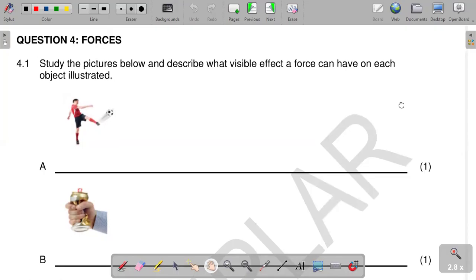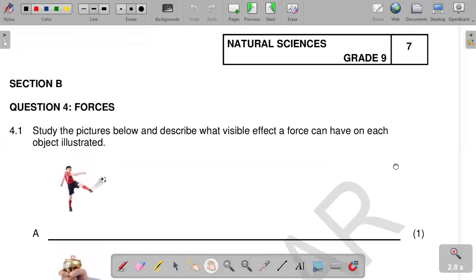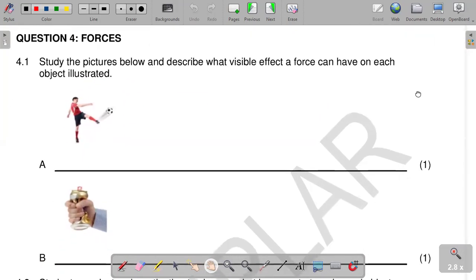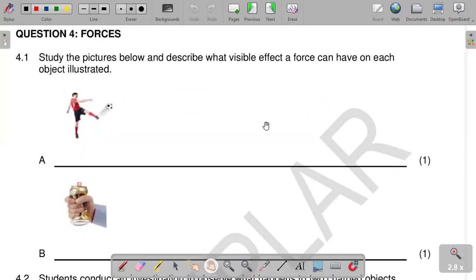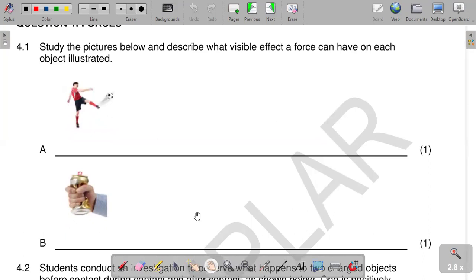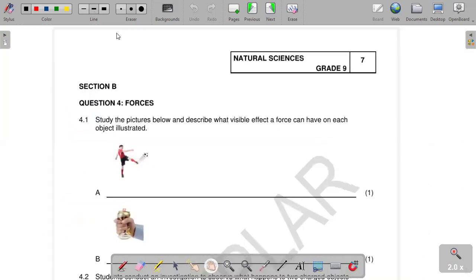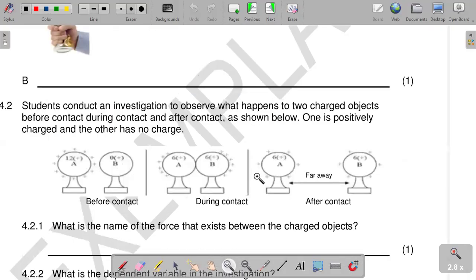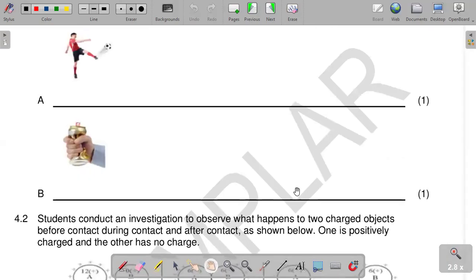Question 4 is from Gauteng province. So let's read the question together.